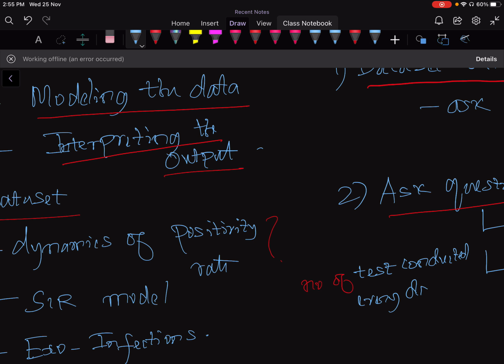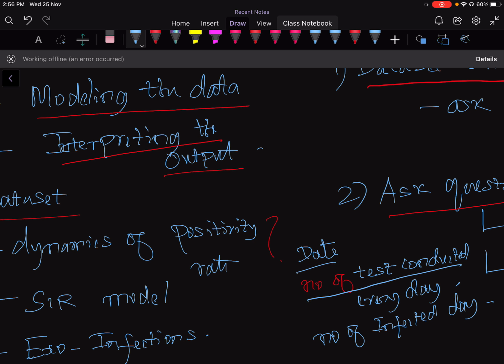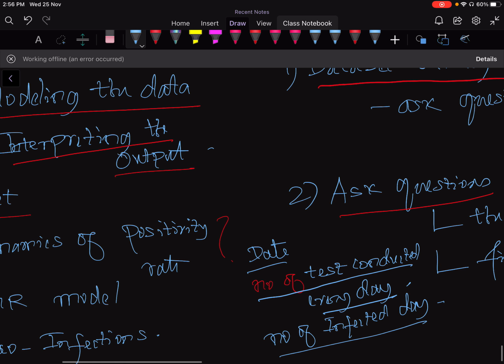And you may have to look into the number of infected people. So these are the two things you need, and the date also, because it is time series data. Every date, I need to know the number of tests conducted on that day and the number of infected on that day, right?